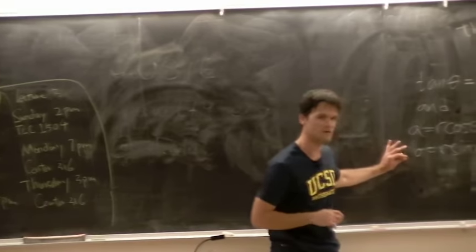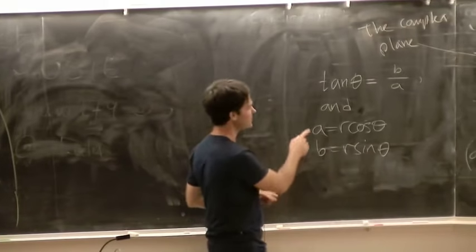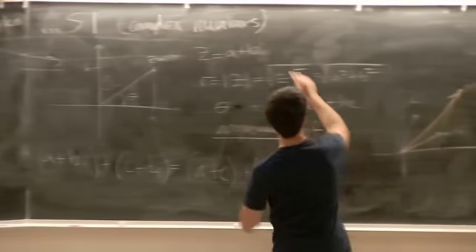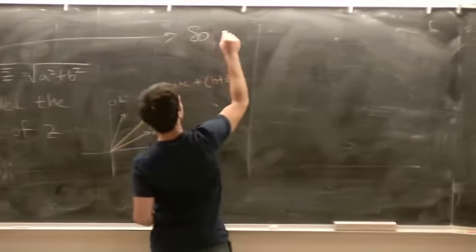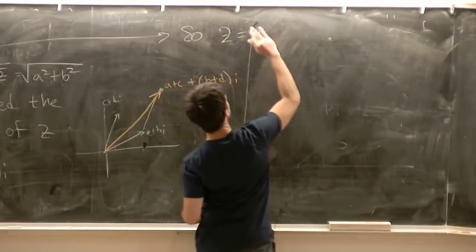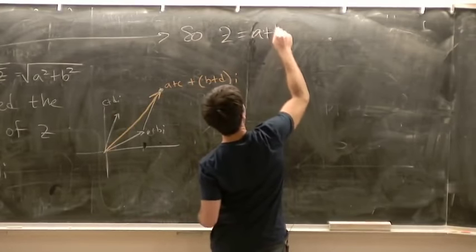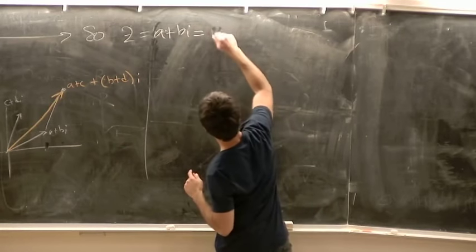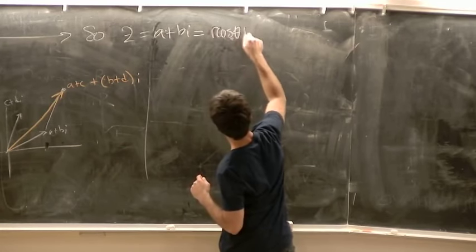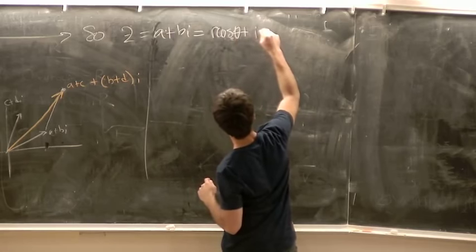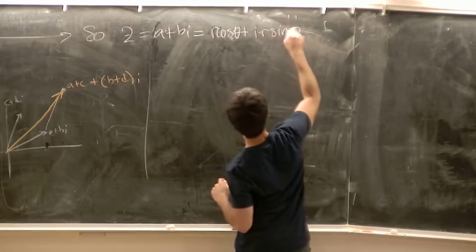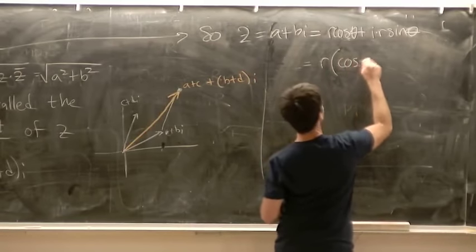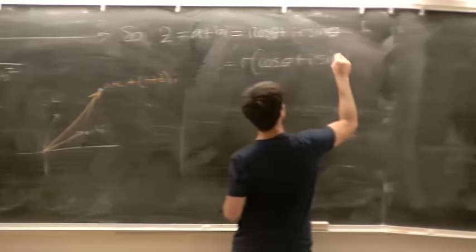Okay, so this should all look very familiar, but now let me do something with these two formulas to put this number in a different form. So z, which is a plus bi, according to that, is r cos theta plus i times r sine theta, or if I factor out the r, it's r times (cos theta plus i sine theta).